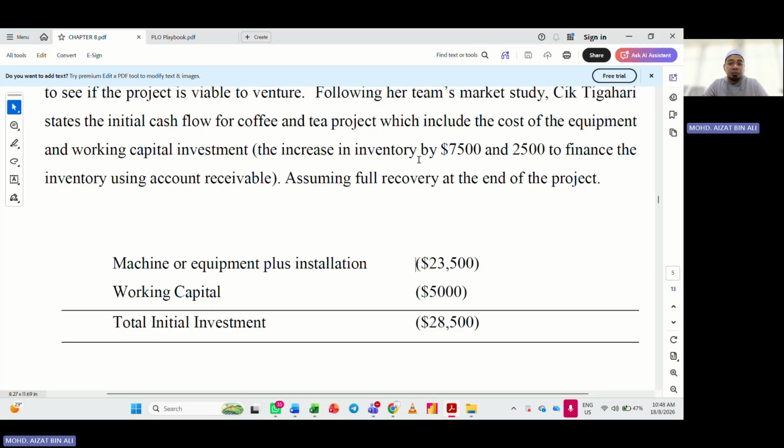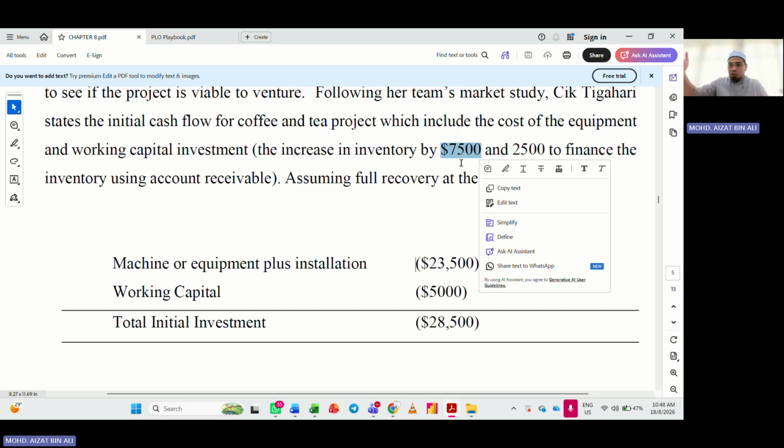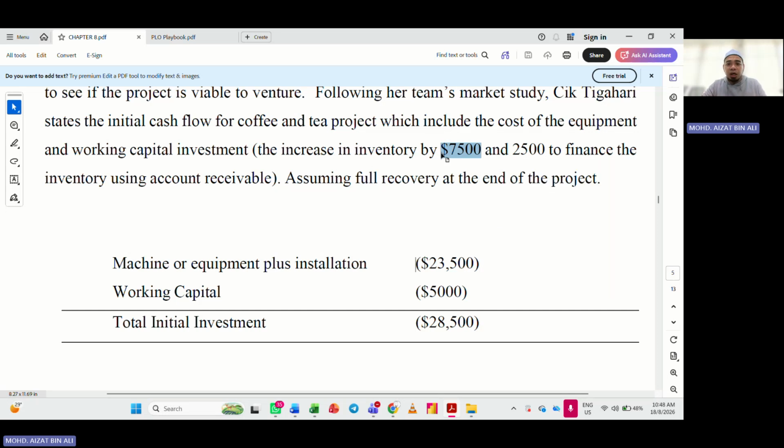It means that here, we purchase inventory worth 7,500 ringgit, right? So money goes out, 7,500 ringgit. Now, at the end of the period, year five for example, do we plan to sell this inventory? Yes, definitely. There is no point, if we want to close our business, keeping unsold inventory. We definitely want to sell this.